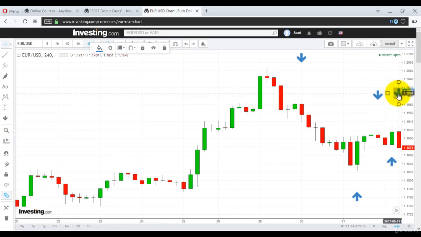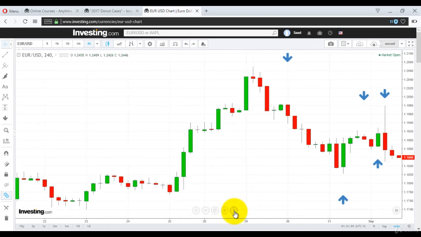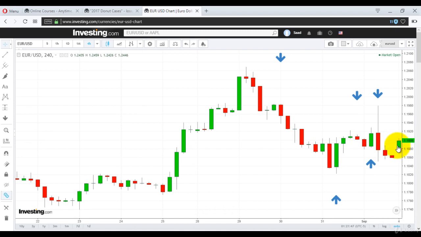But remember, that's not a bad candle. It shows you that it has increased the high, but the lows are within the previous lower limits, which is not that bad a candle.